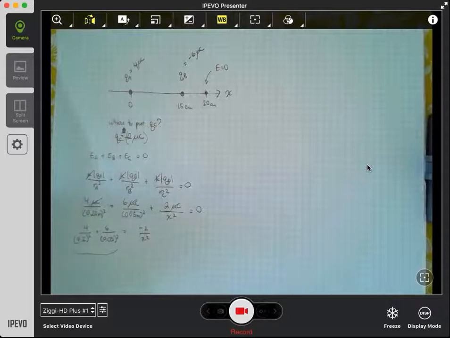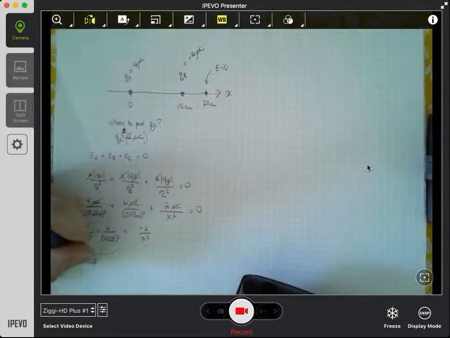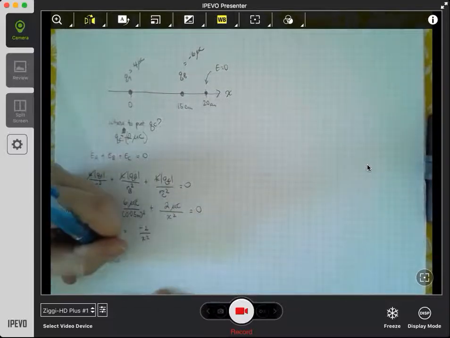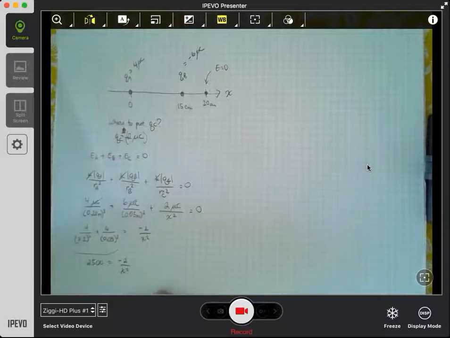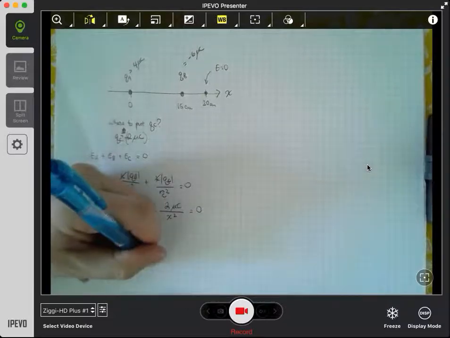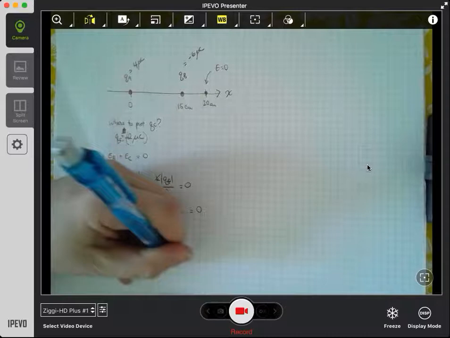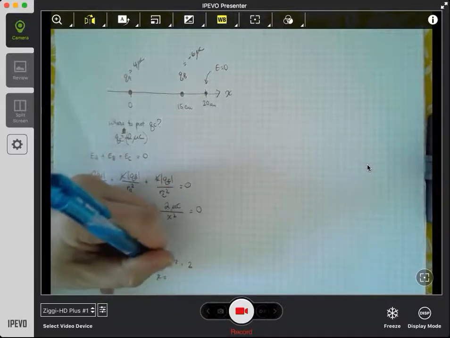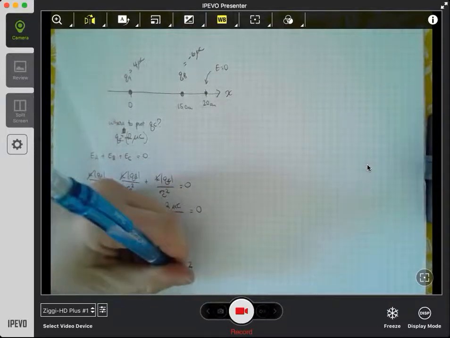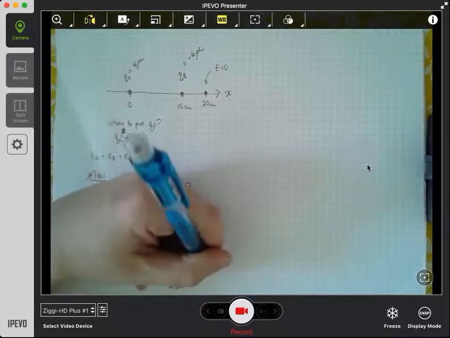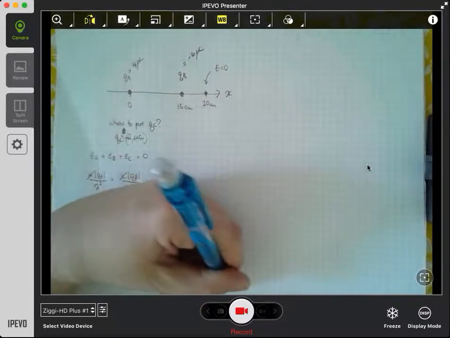So 4 over 0.2 squared plus 6 over 0.05 squared gives me 2,500, equal to minus 2 over x squared. And all we're doing is looking for x squared, so let's cross multiply. 2,500 x squared equals 2. So x squared is equal to 2 over 2,500, and x is the square root of 2 over 2,500.